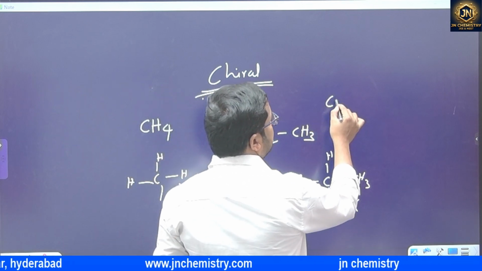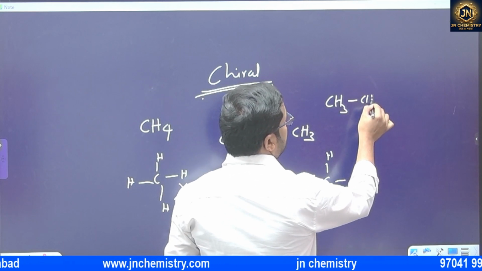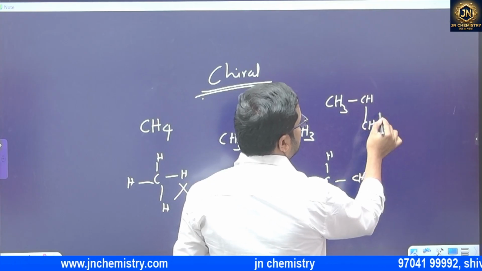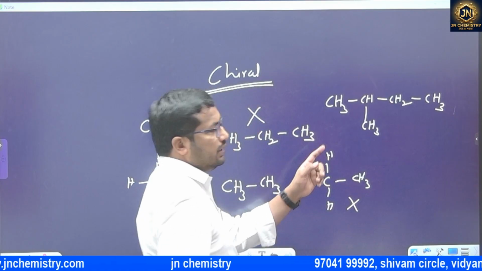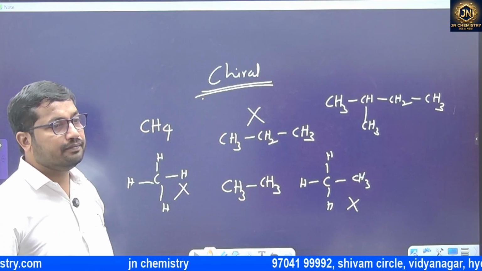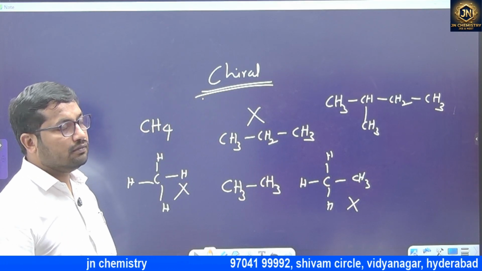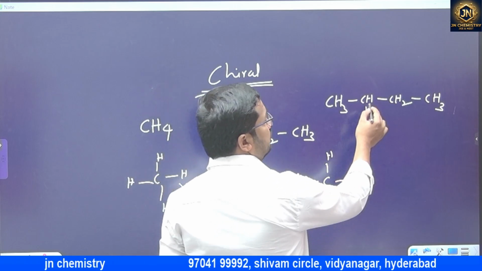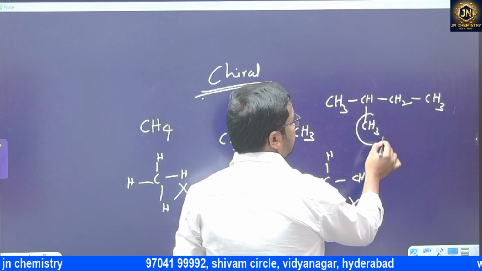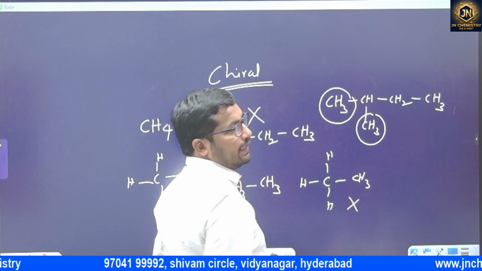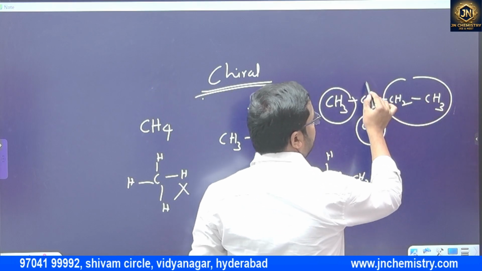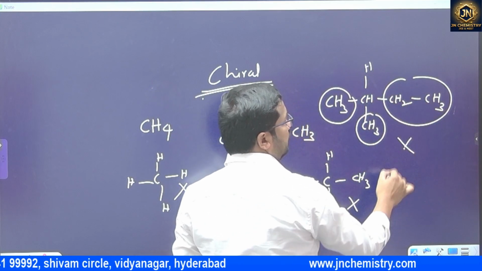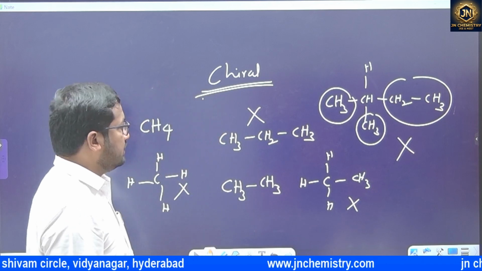For example, CH3 CH CH3 CH2 CH3. Does it have any chiral center? This carbon has two methyl groups that are the same: 2 methyl, 1 ethyl, 1 hydrogen. It doesn't have any chiral centers.